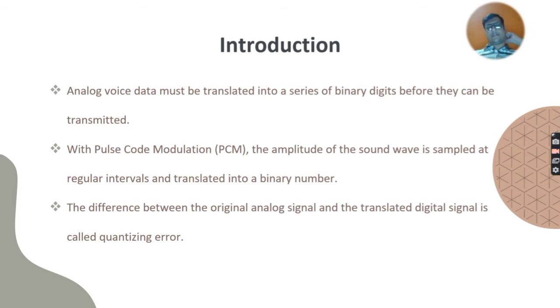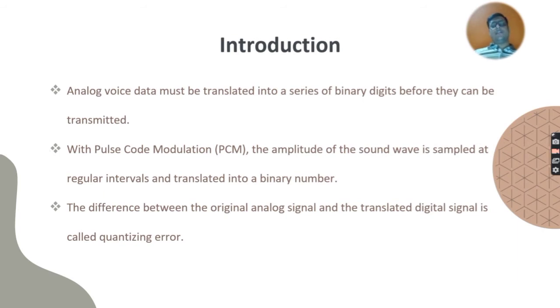You are quite aware of how to reduce that ISI. Next, the difference between the original analog signal and the translated digital signal is called quantization error. While discussing the digital modulation scheme, this is how an error comes into the picture. It compares what we are transmitting with what we have received.